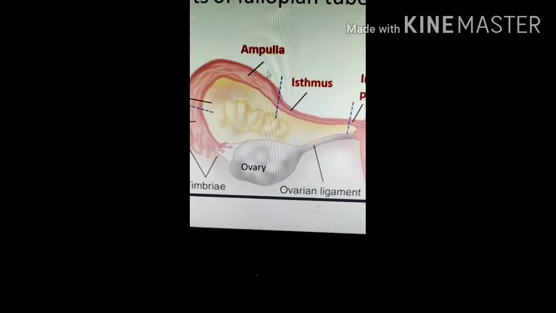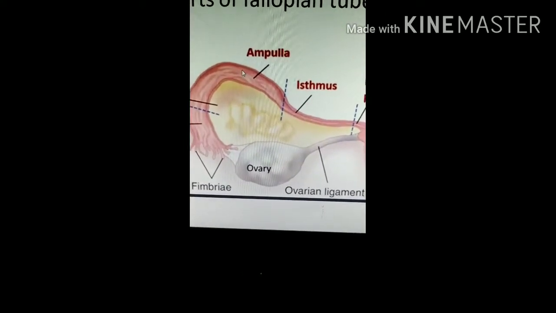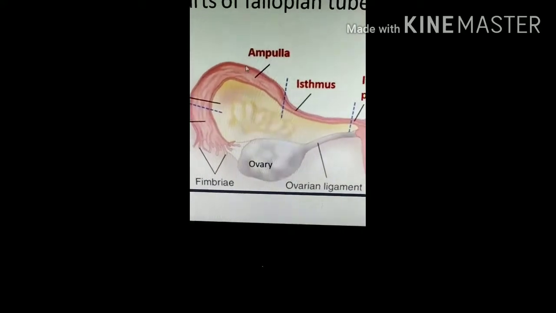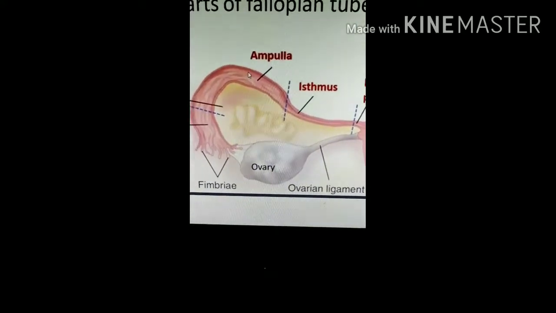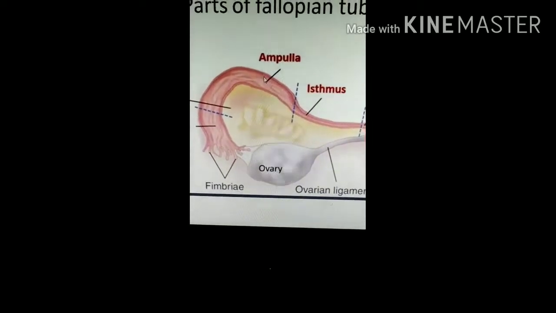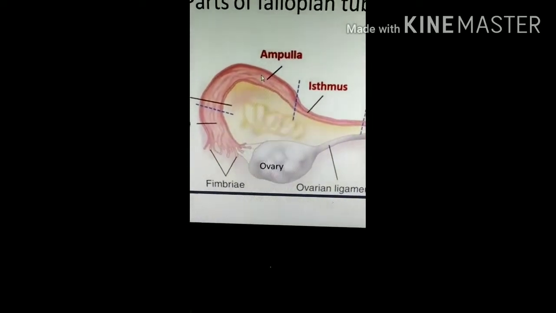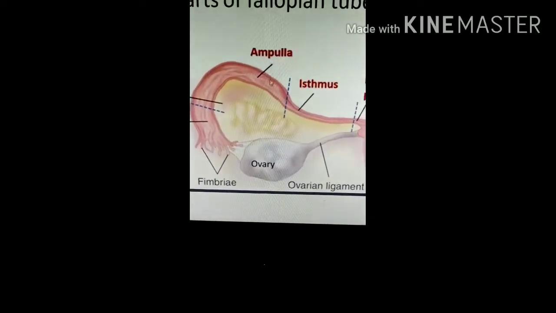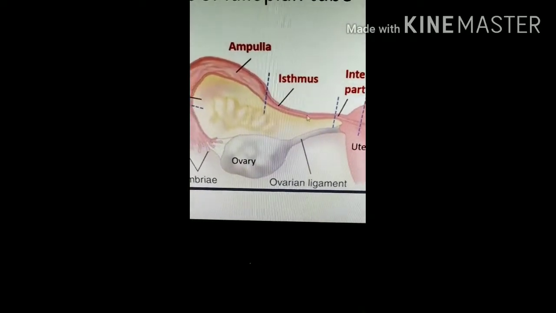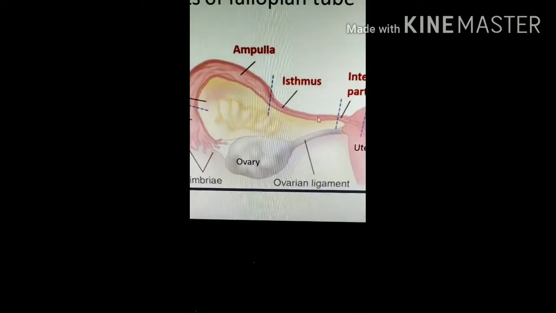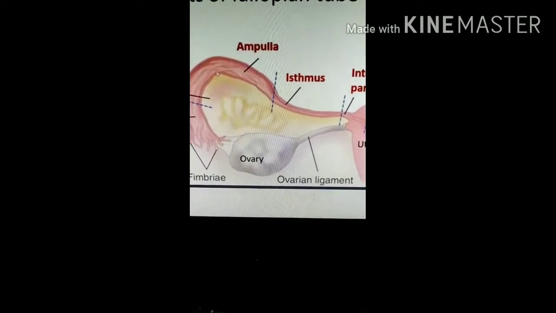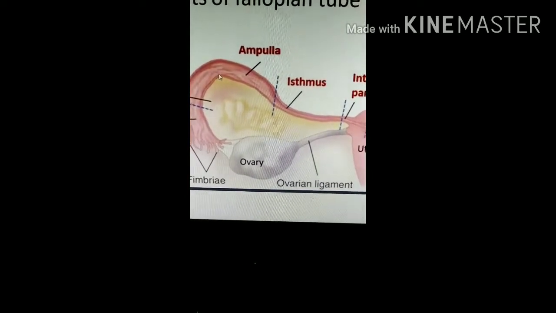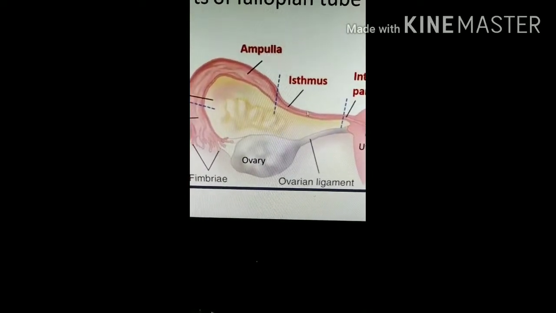It is a luminal structure, so it has a wall. This wall has three important layers: mucosal, muscular, and serous layer. The smooth muscle of the muscular layer has the ability to contract, so rhythmical contraction of the uterine tube wall is important both for the transport of the ovum and for the transport of the sperm.